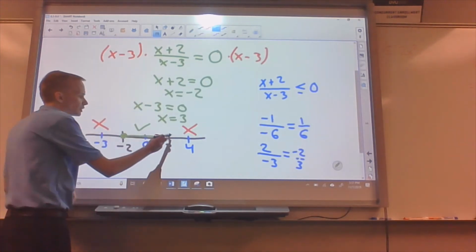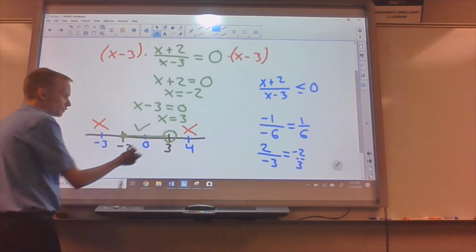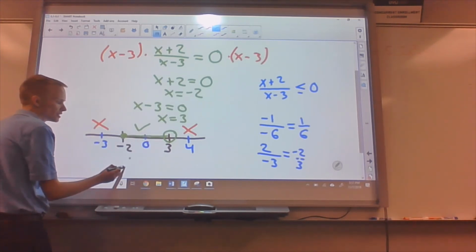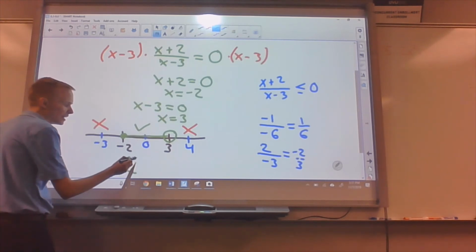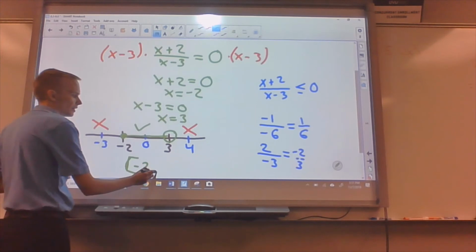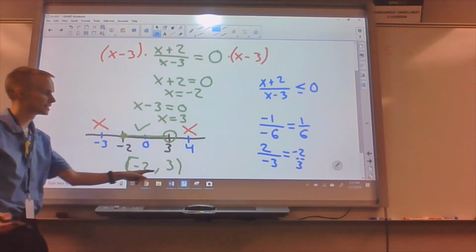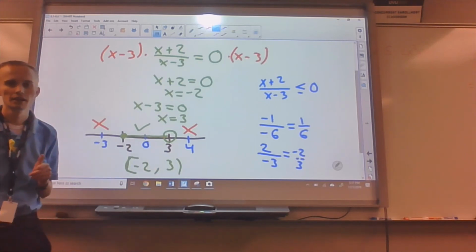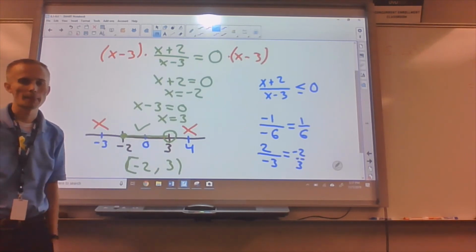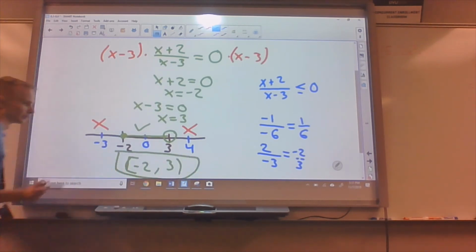So it is not true at that endpoint. Okay? So in other words, the interval where it's true is, well, we're going to include -2. So we do our bracket. And then we go up to 3 with a parenthesis to say we're not including positive 3. And this would be our answer.